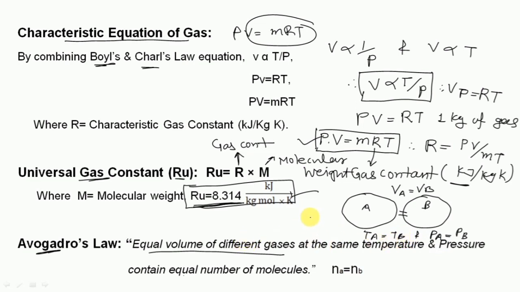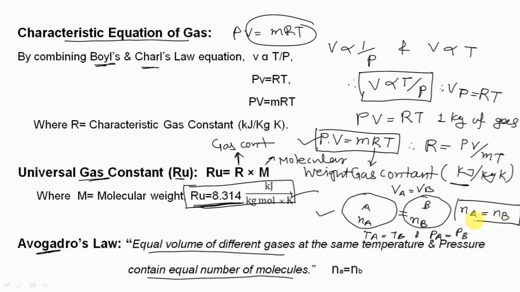If this condition is met, then we can say both gases contain an equal number of molecules. It means that NA and NB, the number of molecules in gas A, is equal to the number of molecules in gas B, and this is called Avogadro's law.